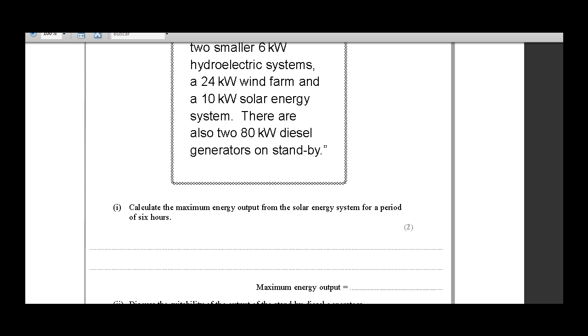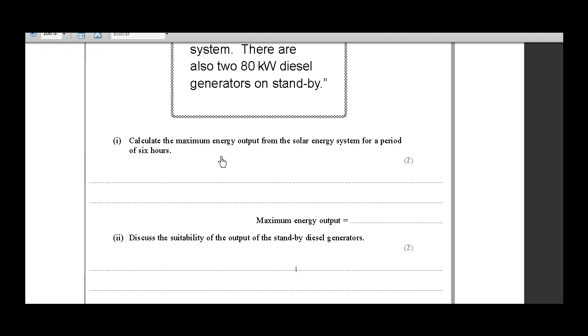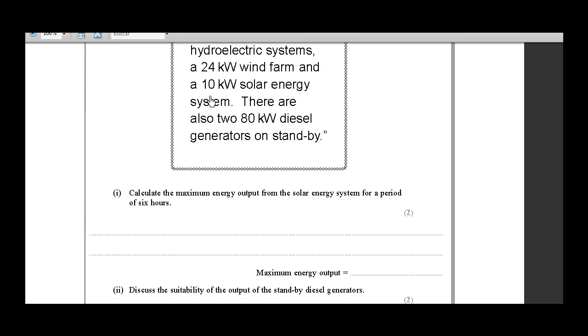And it says calculate the maximum energy output from the solar energy system for a period of 6 hours. So maximum energy output, and the solar system is a 10 kilowatt solar energy system, so this is in 6 hours.